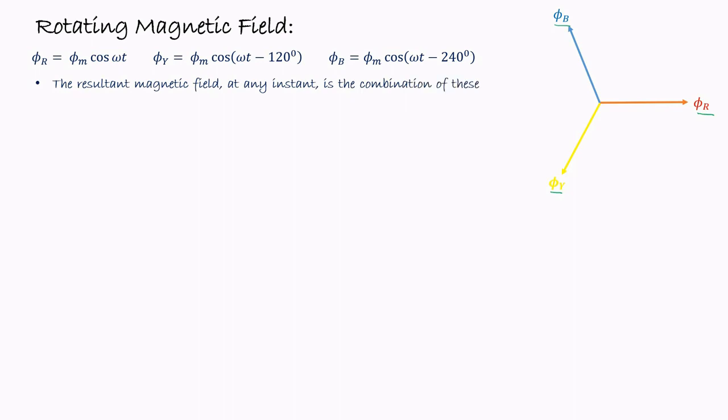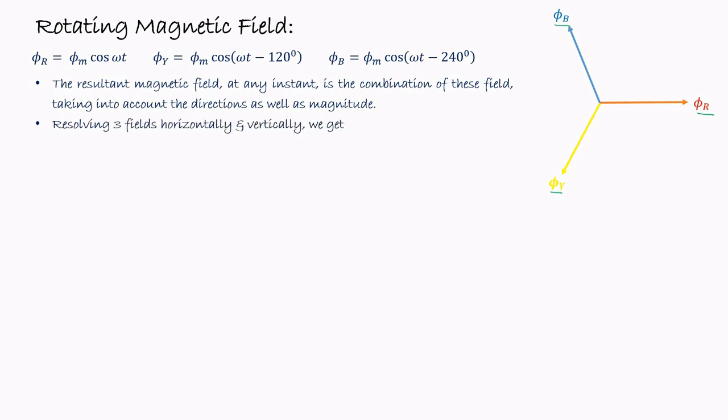The resultant magnetic field at any instant will be the combination of these three magnetic fields, taking into account the direction as well as the magnitude. Now, to get the resultant flux, first of all, you have to resolve the three fluxes into horizontal and vertical components. That means each and every flux will be converted into two parts.